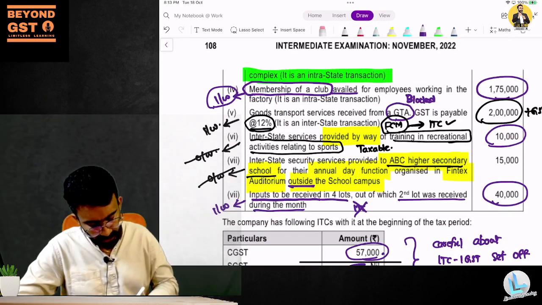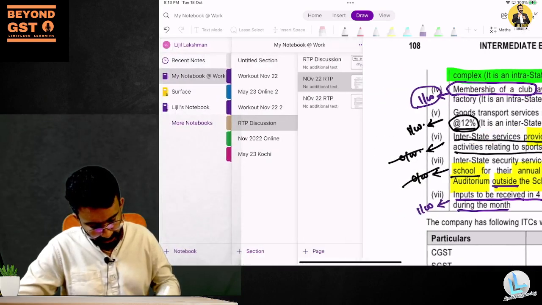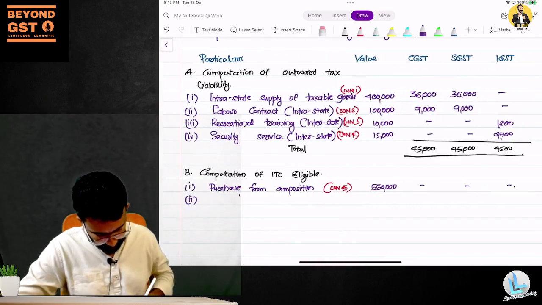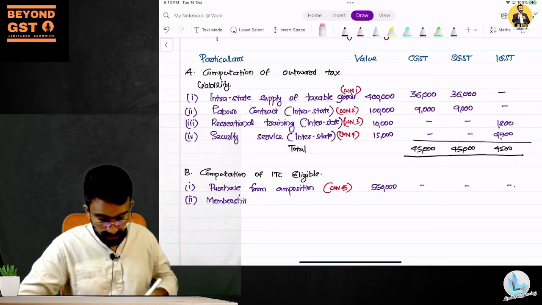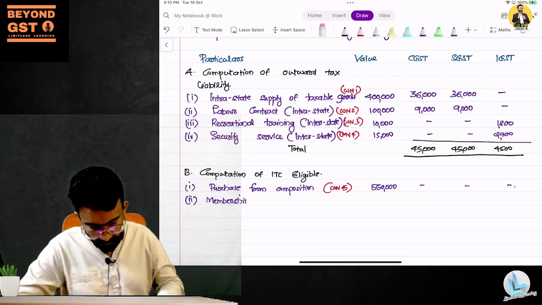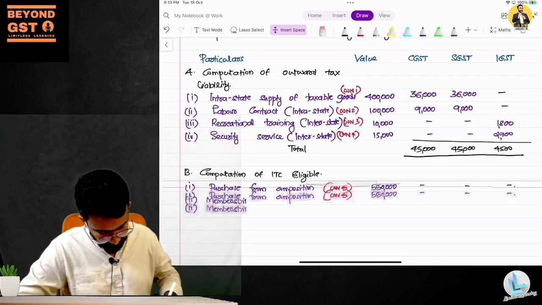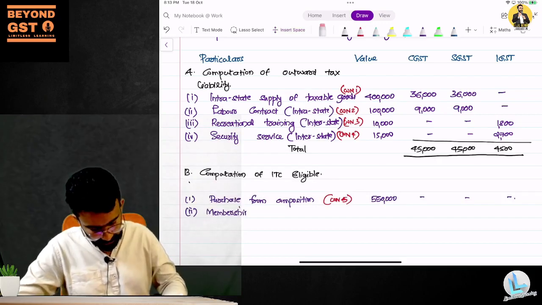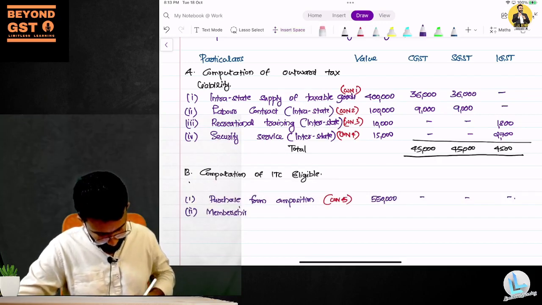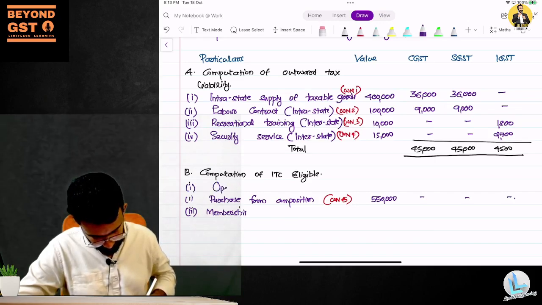Membership of a club. Is that eligible as ITC? No, it's blocked credit. Oh, we missed out, we have an opening credit. So always when you have opening credit, let's always write opening credits first.